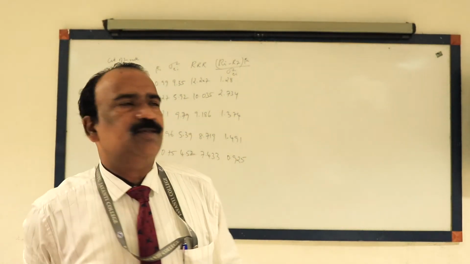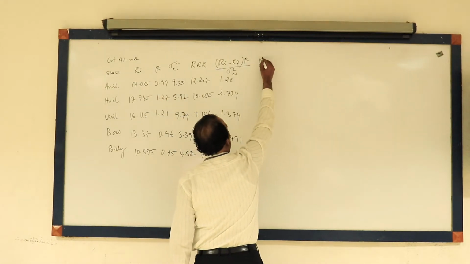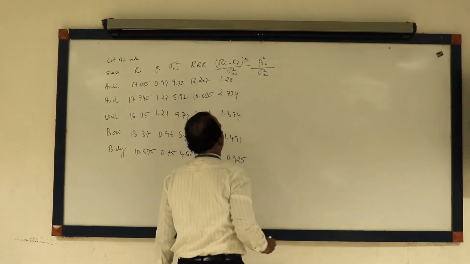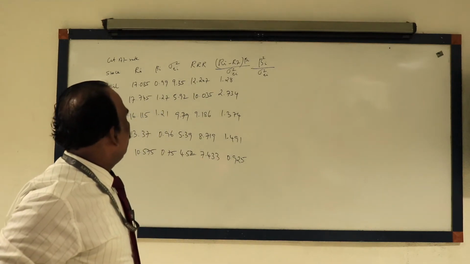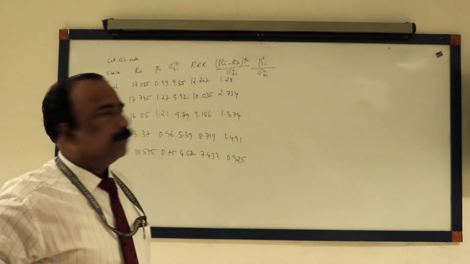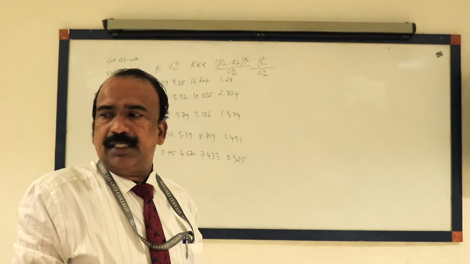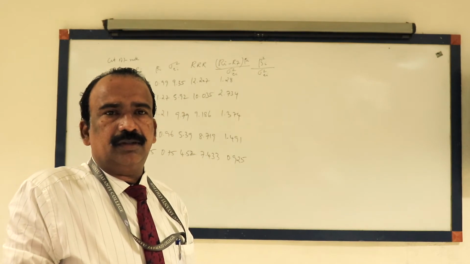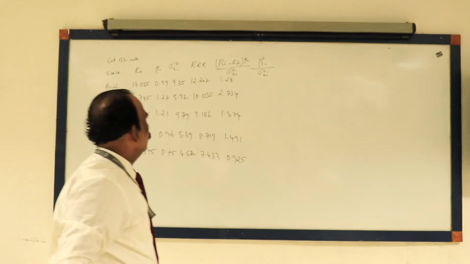The second sub-step is beta square divided by the unsystematic risk. That is 0.99 square divided by 9.35. How much comes? 0.105.